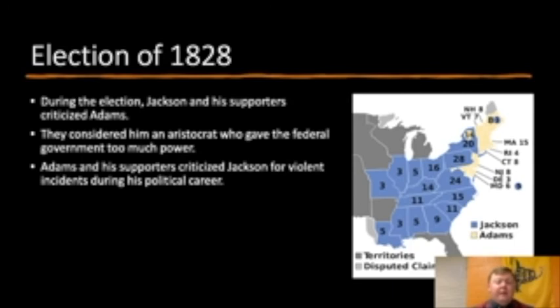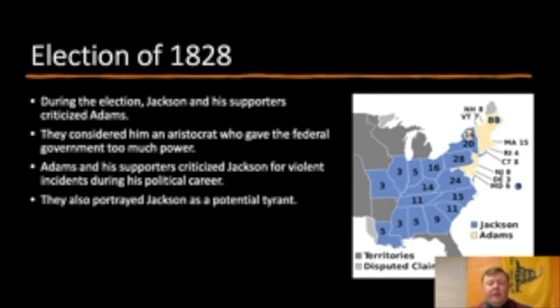Adams, on the other hand, and his supporters criticized Jackson for violent incidents during his military career. That's what they go after. And they also portrayed Jackson as a potential tyrant.